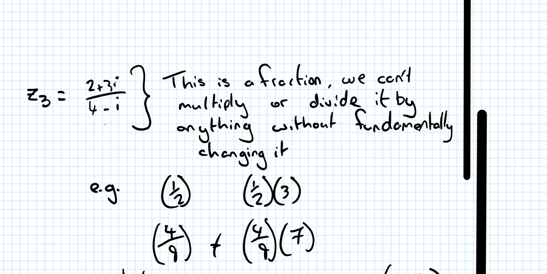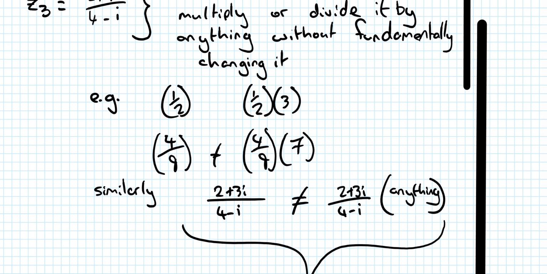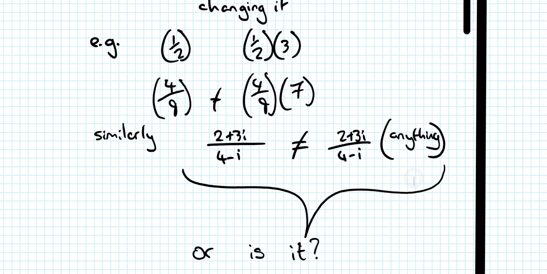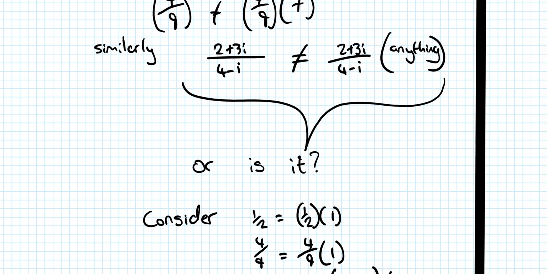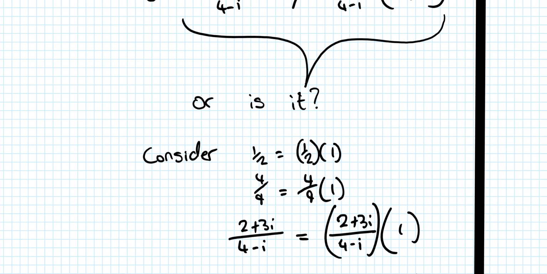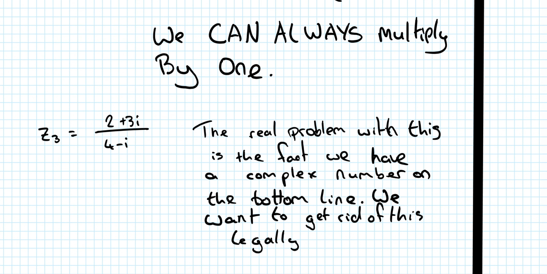It's the most versatile number to multiply by. I could multiply by 1. You can multiply anything by 1 and it will remain the same. I'm not able to divide this. It is not 2 over 4, 3 over minus 1. It can't be that simple. So it's important to note that we can always multiply by 1.